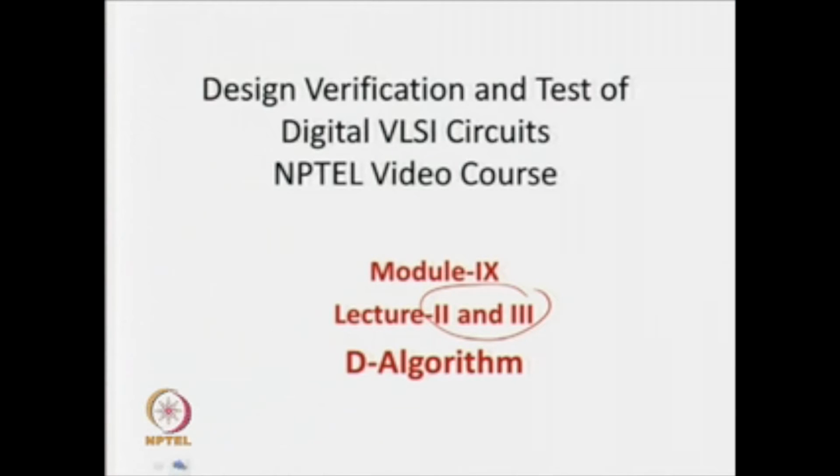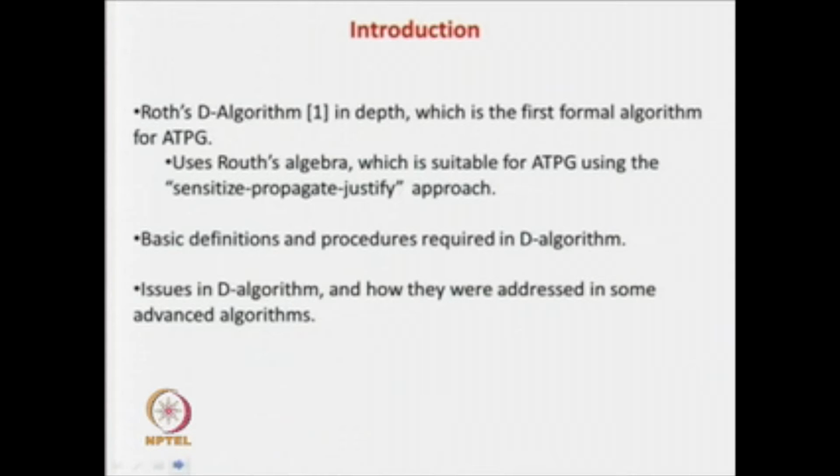Similarly, for the D algorithm or sensitize, propagate and justify based approach, the examples we have studied till now were in a somewhat informal way. In today's lecture and the next lecture, lectures 2 and 3 of this module, we will see this in a more formal way. First, we have already seen the Roth algebra, which will be used for the D algorithm.